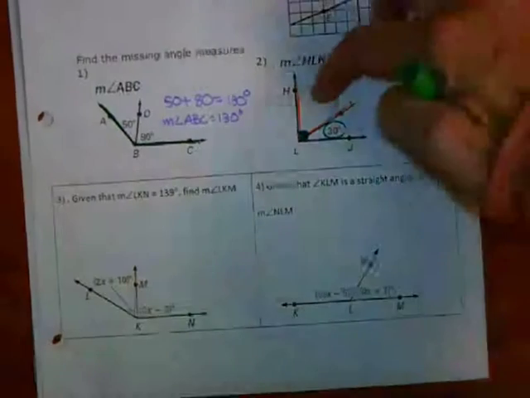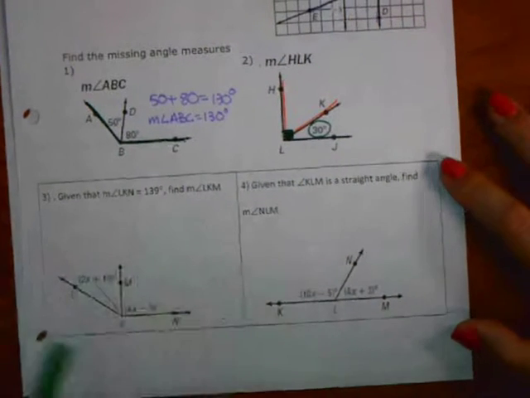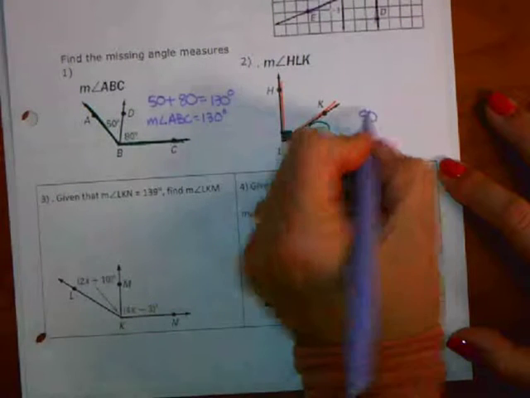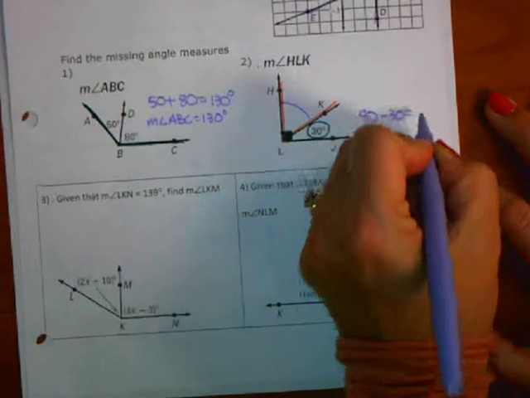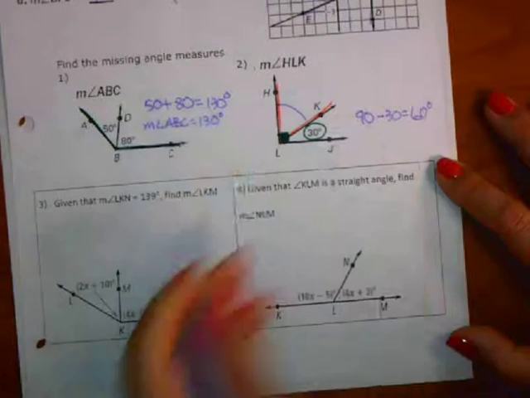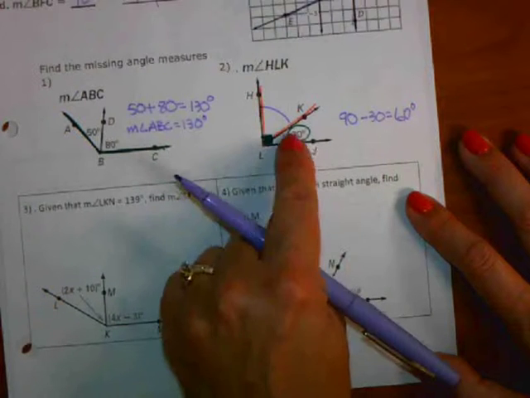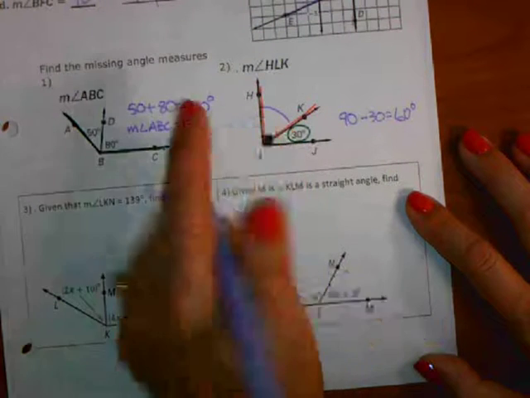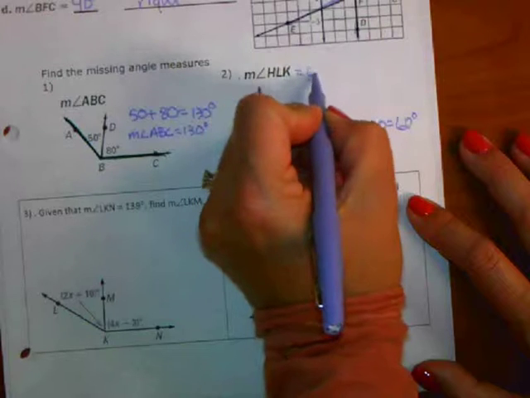Can I find out what the leftover is? So I'm going to take the 90 and subtract the 30, and it'll give me this amount, which is 60 degrees. So the measure of HLK is equal to 60 degrees.